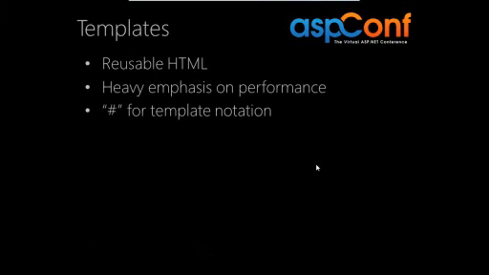Templates. KendoUI also provides a templating engine that allows you to create reusable HTML chunks that can be automatically merged with JavaScript data. So this is a way of having reusable HTML and being able to pass in data, whether it be a view model or whatever it is, and have that HTML rendered template-wise on the page.